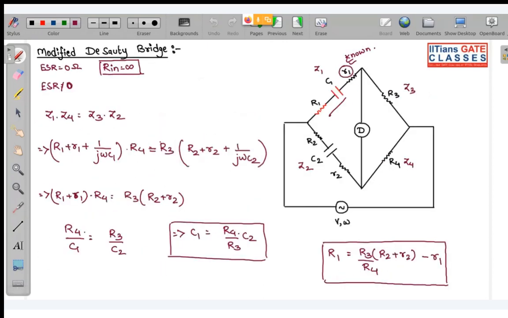See, basically, if this capacitor also didn't have resistance, then once again I cannot calculate quality factor.